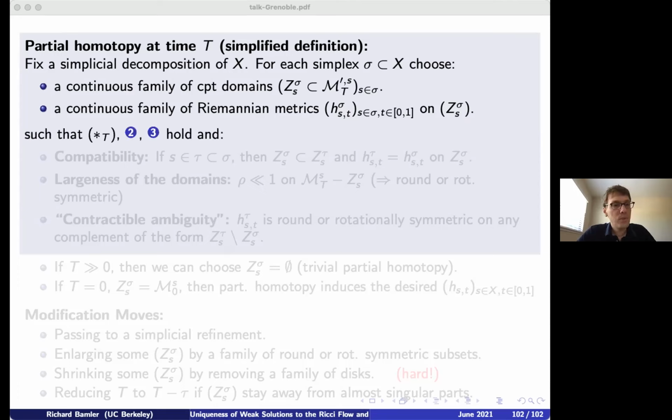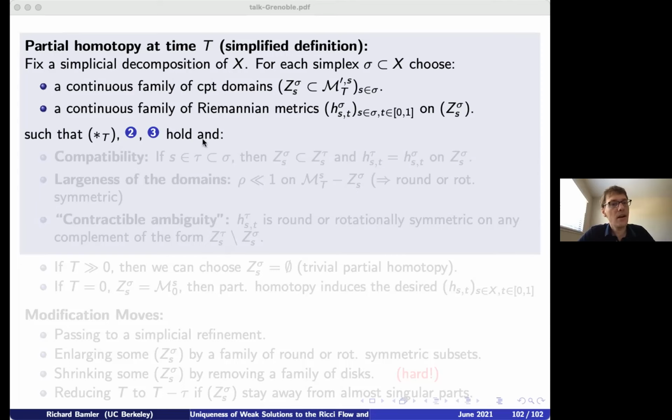And so now it's possible to make sense of these conditions. Again, we want H sigma S comma 0 to be equal to the metric at time t restricted to this domain. And 2 meant that H S 1 should be locally conformally flat, so this still makes sense.